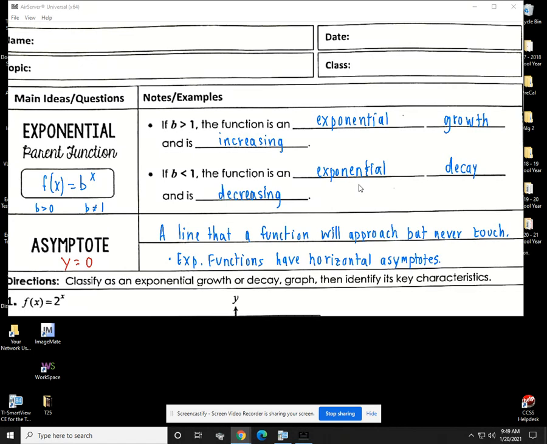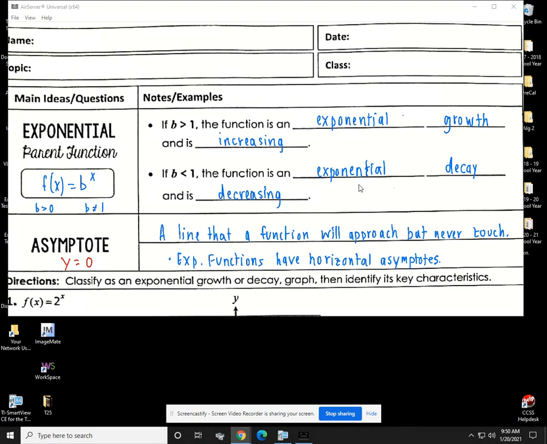Because the x-axis and all horizontal lines, they cross what axis in common? All horizontal lines cross what axis? The y-axis. And since all horizontal lines cross the y-axis, we name horizontal lines by where they cross the y-axis. Does that make sense? That's why the x-axis, we would call that horizontal asymptote y equals 0.